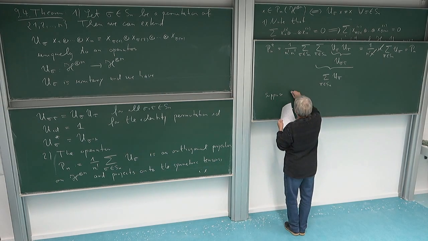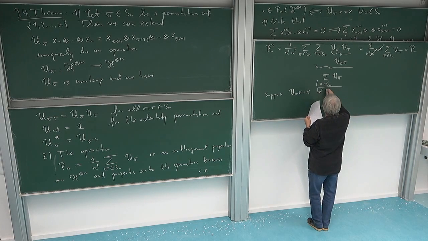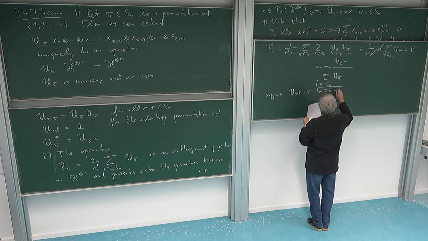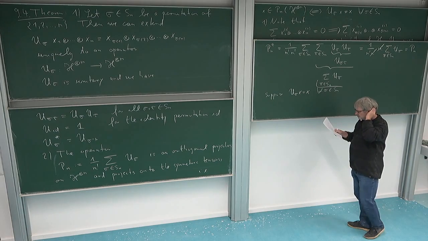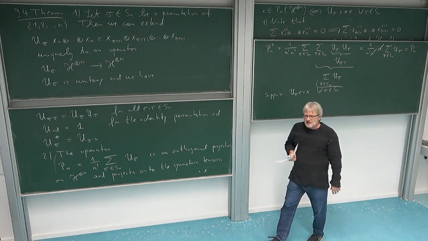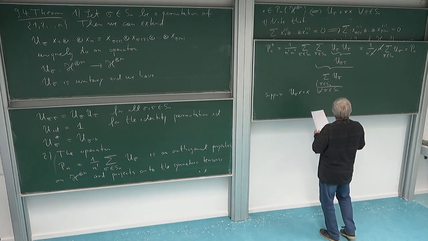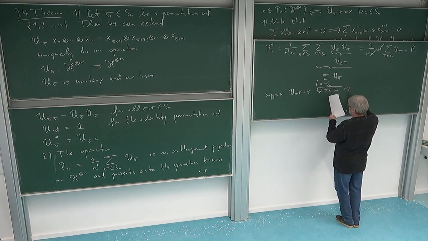Start with assuming that u sigma of x is the same as x for all sigma in the permutation group. So we assume that x is invariant under the action of any u sigma, which means x is a symmetric tensor. But what does this mean for Pn?